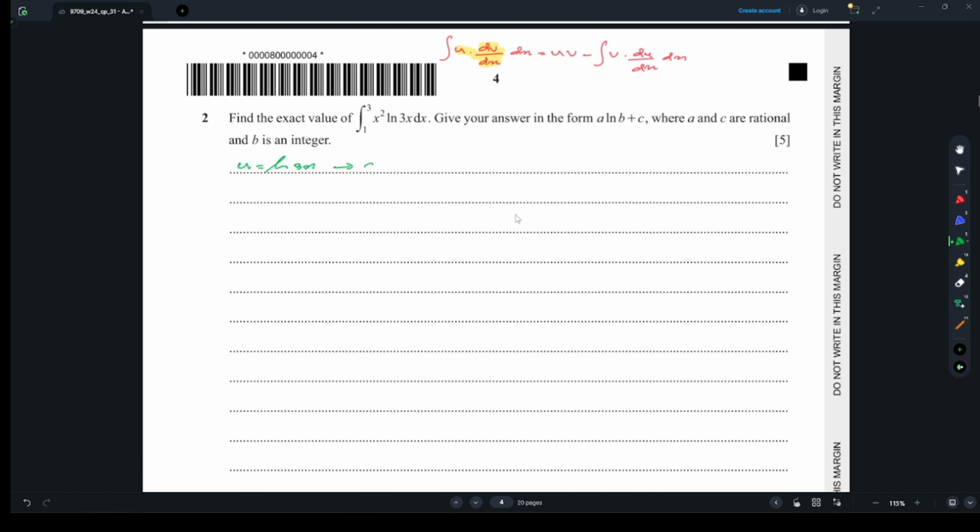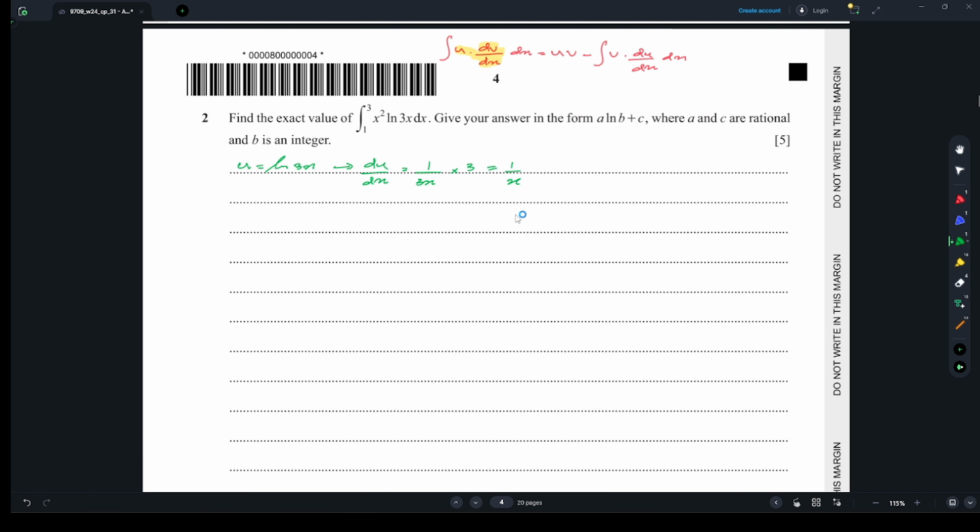From that, I can write du over dx. First, the derivation of ln is 1 over whatever is inside the ln. And then by using the chain rule, you have to multiply by the differentiation of the inside. So 3x gives 3. The 3 cancels and it is 1 over x.